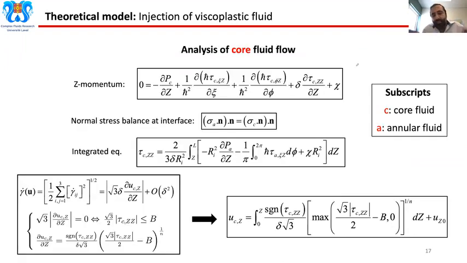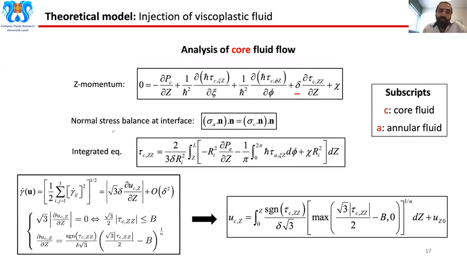Let's analyze the two fluids, core fluid and the annular fluid, in separate equations so that we can better understand what's going on. The Z momentum equation, the momentum in the Z direction for the core fluid, is written here, in which the term that contains delta and tau ZZ, the deviatoric normal stress, cannot be ignored because the viscoplastic fluid is dominated by compressional and extensional stresses.